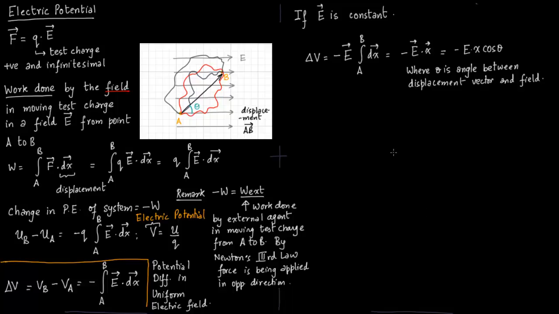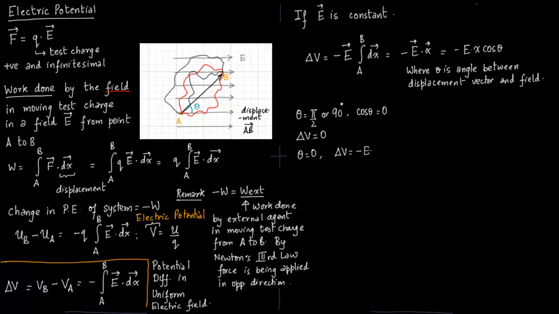So let us discuss some cases when this electric field is constant. When theta is pi by 2, or 90 degrees, then cos theta is 0. That would mean that delta V is 0. If theta is 0, then cos theta is 1.